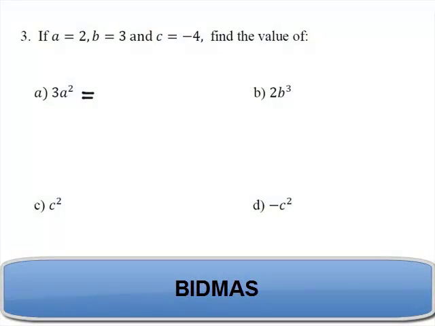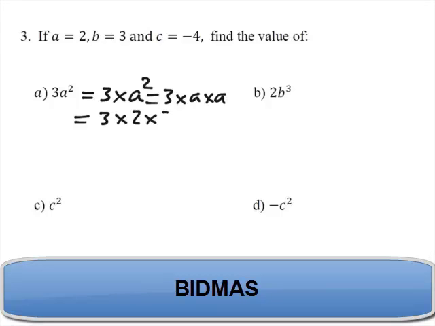Now think BODMAS, it means 3 times a squared. What does a squared mean? a times a. So it's 3 times 2 times 2. 3 times 2 is 6, times 2 is 12. Mustn't get it confused thinking it's 3 times 2 all squared.